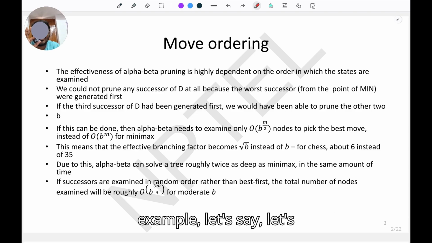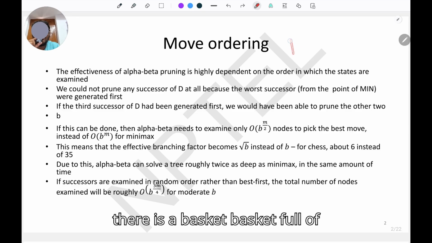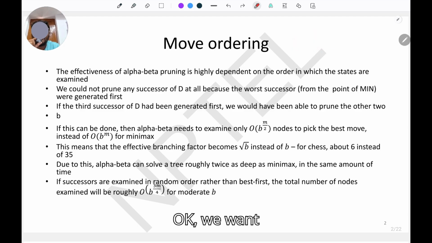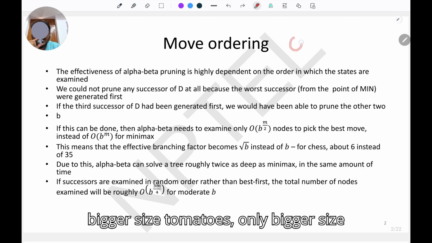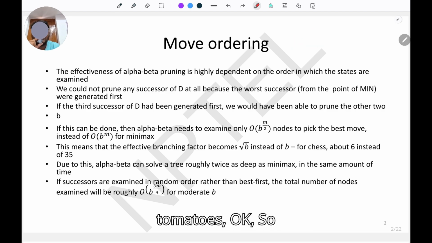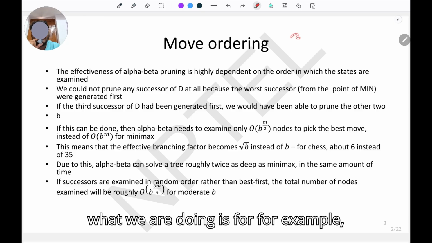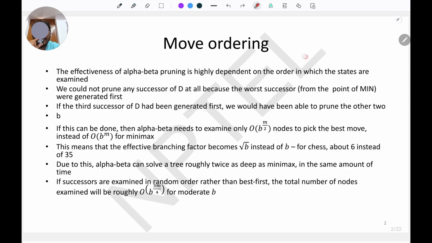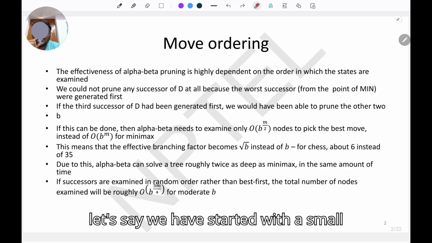For example, let's say there is a basket full of tomatoes, and we want only bigger size tomatoes. Suppose we start with a small one.